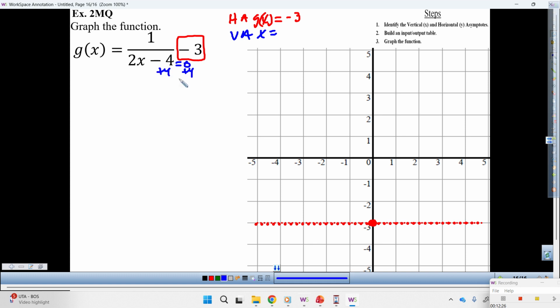Plus 4. We end up with 2x equals 4, divided by 2. X equals 2. That's our VA. So at positive 2, a dotted line straight up and down.